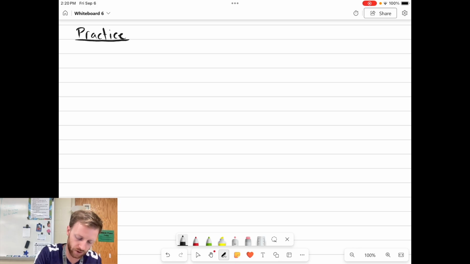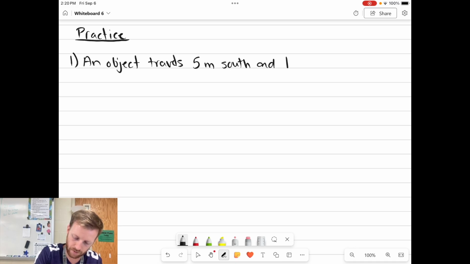First, we're going to look at two different practice problems today. We're going to have an object that travels 5 meters south and 12 meters north.